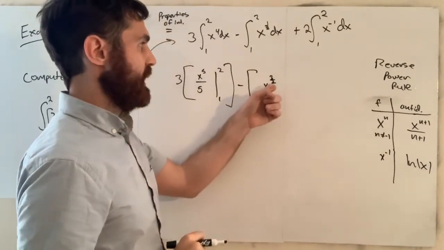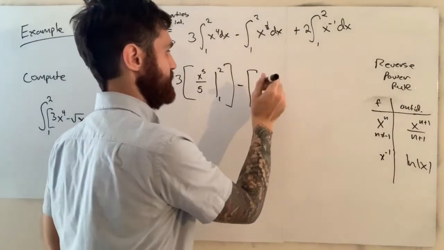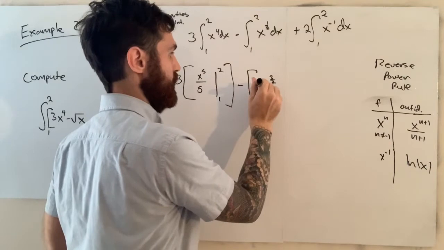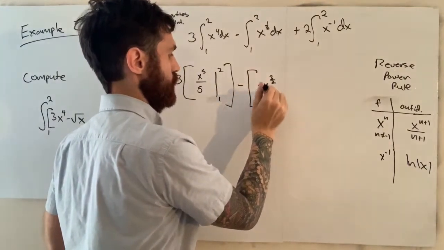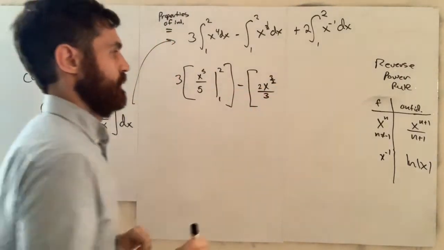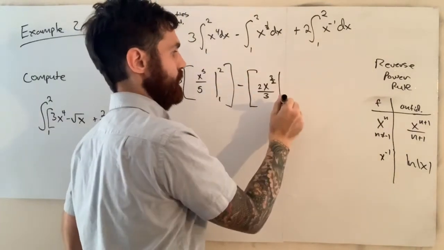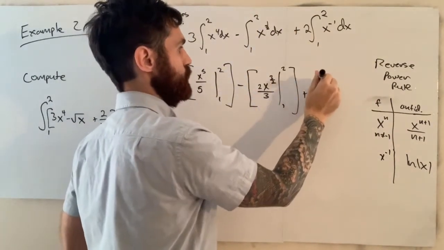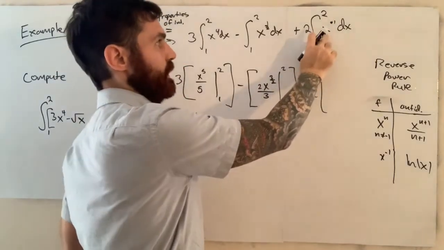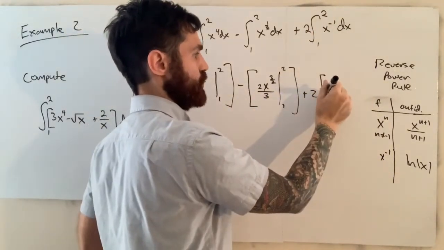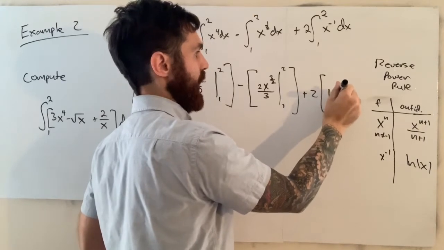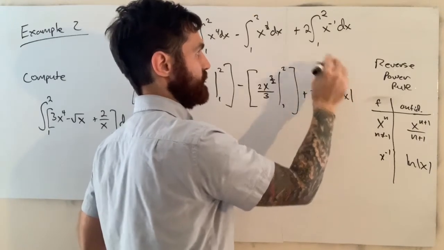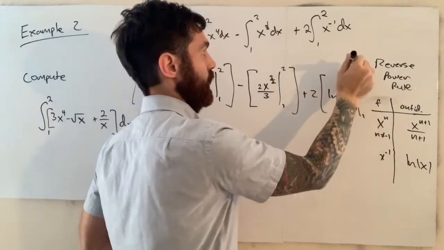And if you divide by 3/2, that's the same thing as multiplying by 2/3. And you evaluate that from 1 to 2. And then this is going to be 2 times, well, this is x to the -1, so you're going to get natural log absolute value of x from 1 to 2.